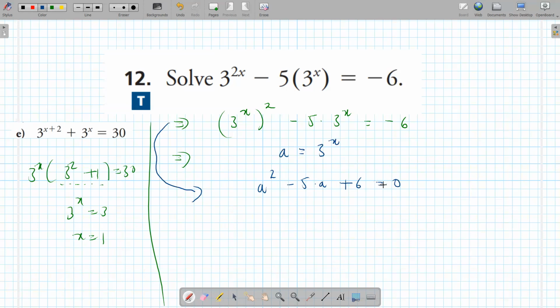So now what does our thing have? What kind of function is this? Quadratic. So this is a trinomial quadratic.